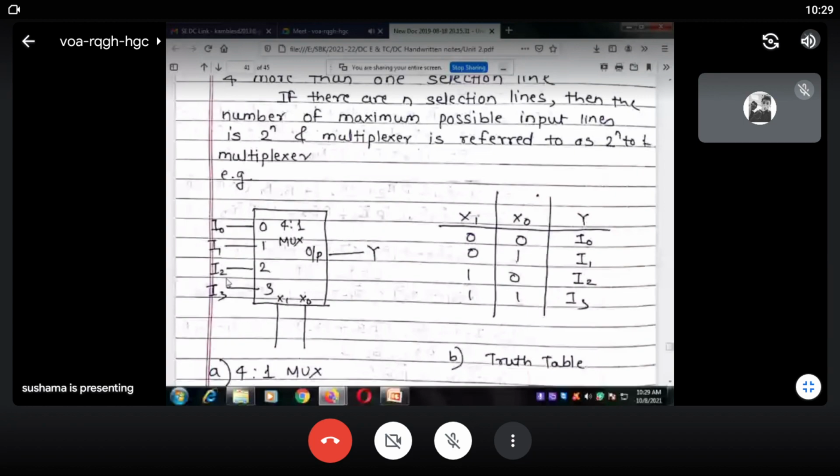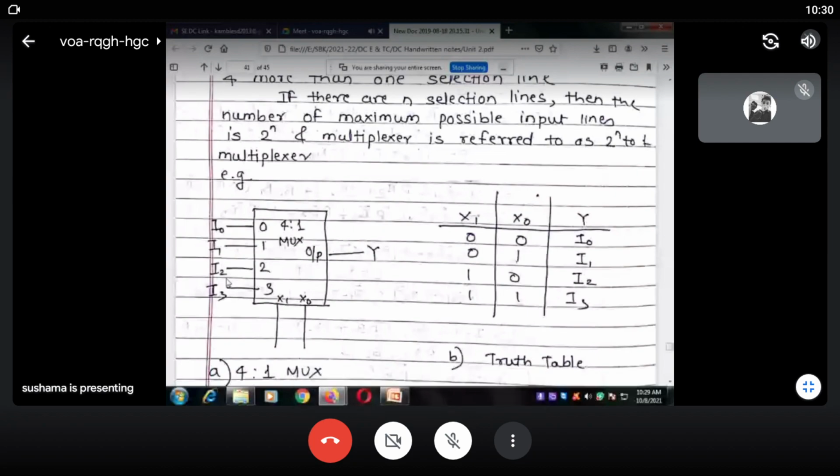How many? 2. How are you getting this? Maximum inputs equal 2 to the power n. Yes. 2^n is the input lines, and that n indicates the number of selection lines.